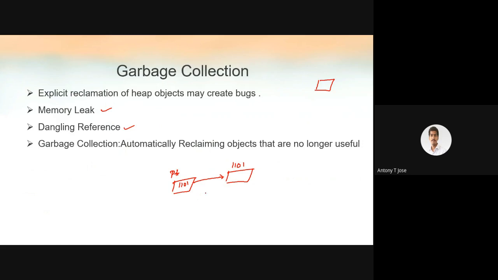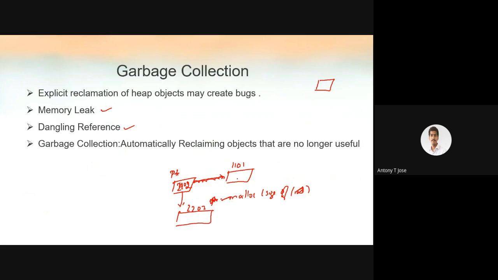If I again write ptr equal to malloc of size of int, what happens? This memory will be there, but a new memory will be allocated. Let the address of this be 2201, and ptr will now hold 2201, pointing to the second memory.